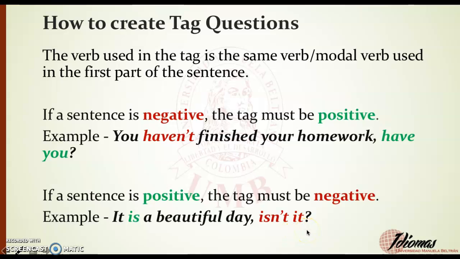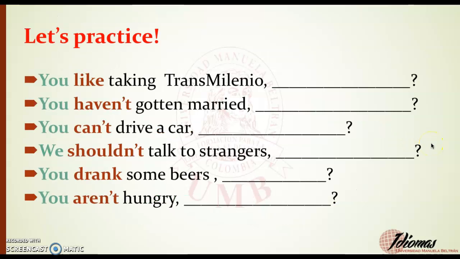Did you notice that we need to know the grammar at this point? Because we are going to start playing with the tenses. So it's very important to identify what the auxiliary is, to be able to make the correct tag questions. Okay, let's practice then. Here we have 1, 2, 3, 4, 5, and 6.